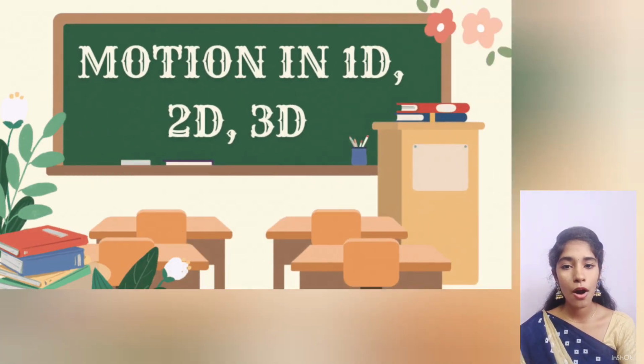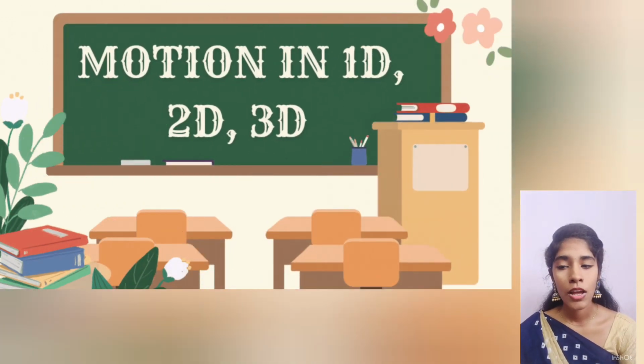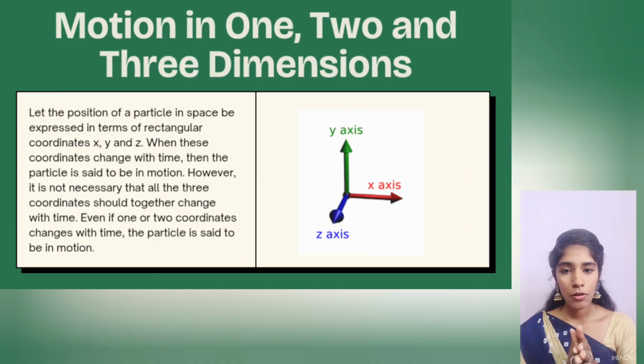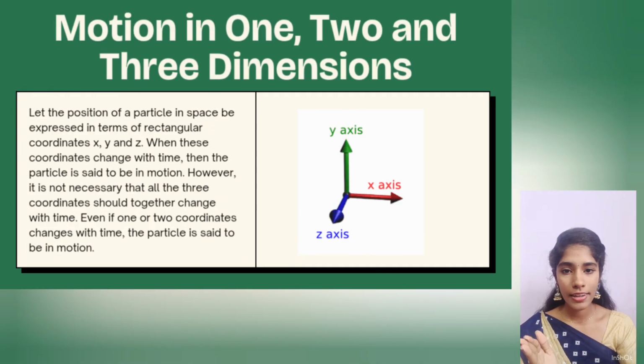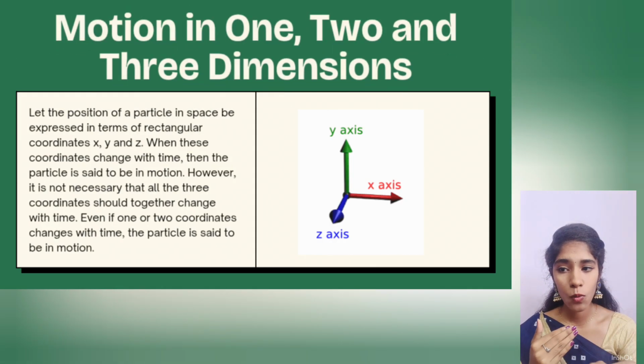Next, we'll be dealing with the motion in 1D, 2D, and 3D. So, motion in one dimension. We have the x, y, and z axes as the coordinate system. So, x, y, and z coordinates.